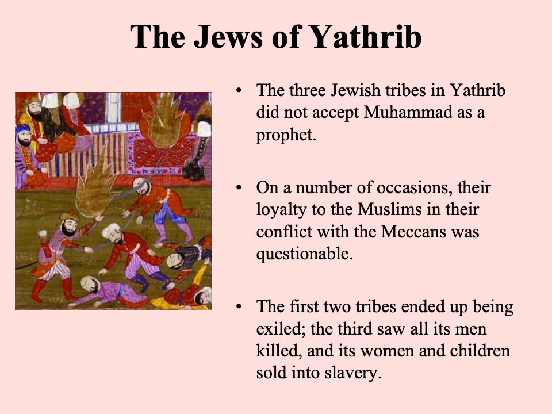By the third time, Muhammad was under tremendous pressure to demonstrate that he was willing to make the hard decision with a group of people who had not once, not twice, but three times, to all indications, betrayed the Muslim community, right?